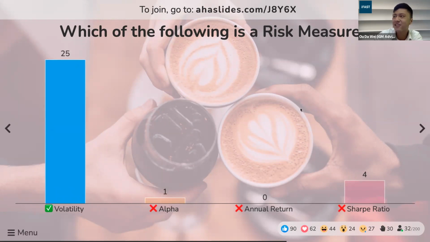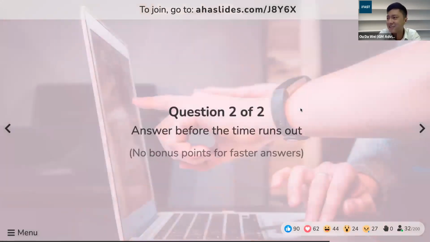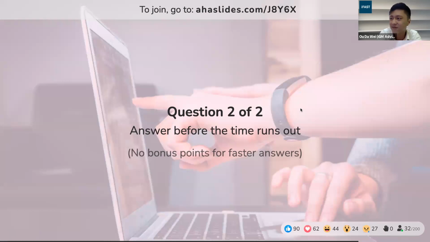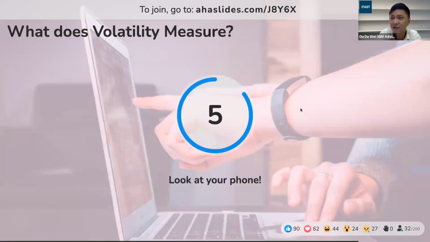Second question: what does volatility measure?